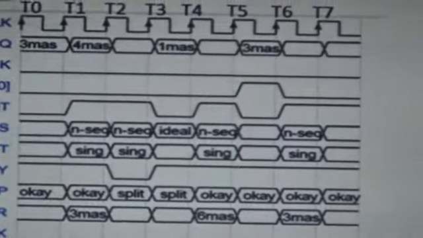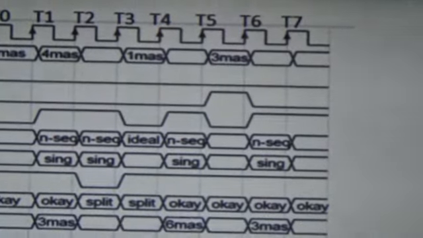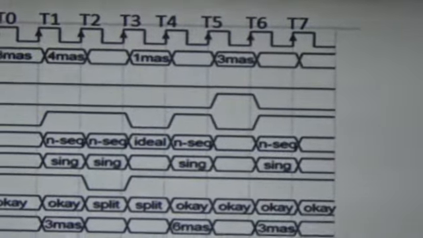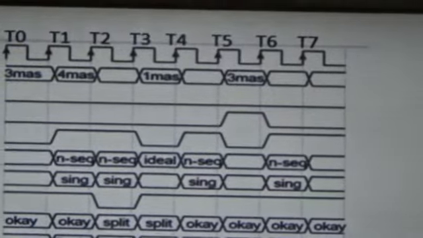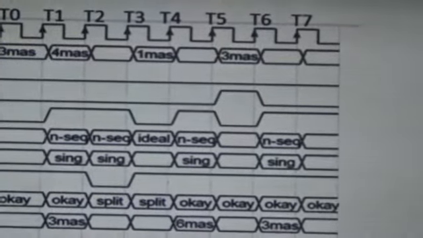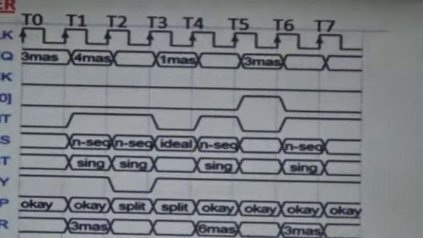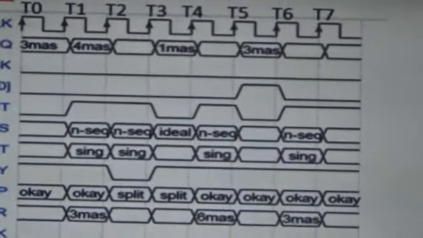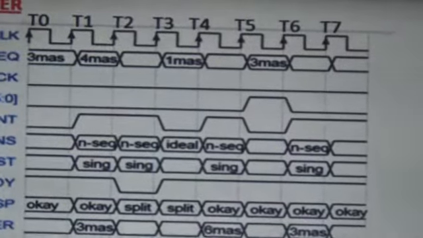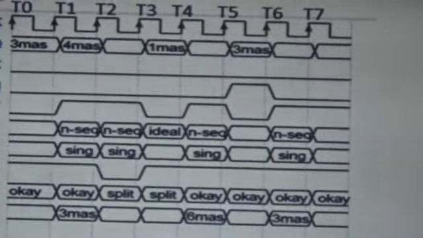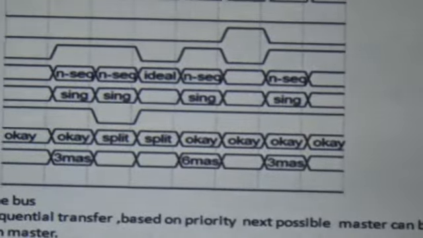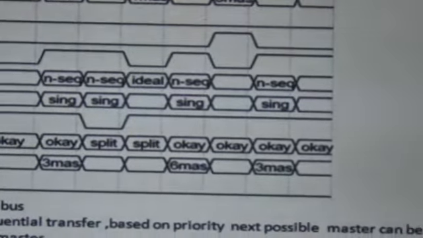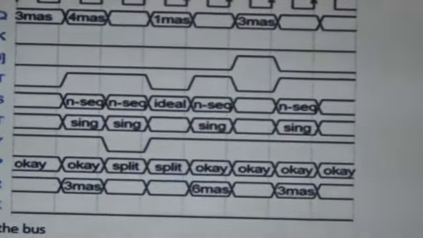In the third clock cycle the first master has requested the bus. In the fourth clock cycle, even though the first master, which is of high priority, requested the bus, the protocol has given importance to the sixth master, which is not as high priority as the first master, or even the least priority.